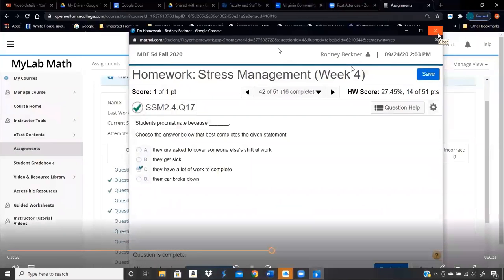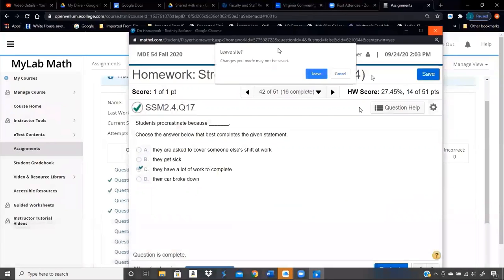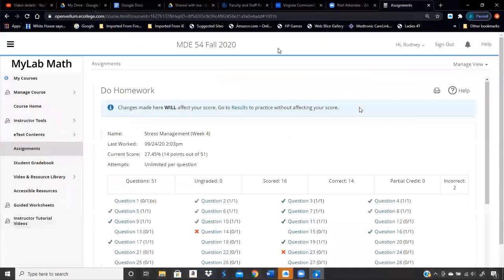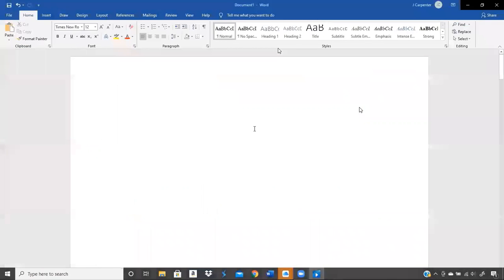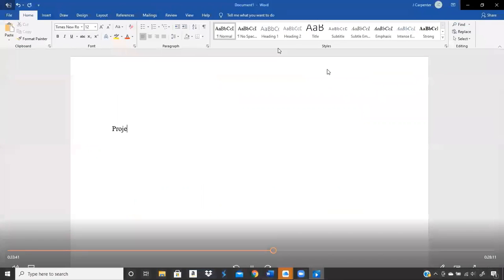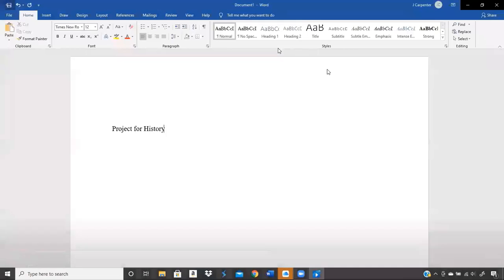Because when you break a big project down into smaller things, you go, oh, okay, I can accomplish this task in 1 minute. So I actually wanted to draw a little diagram for this. So you got some project for history class. You need to do bullet points.